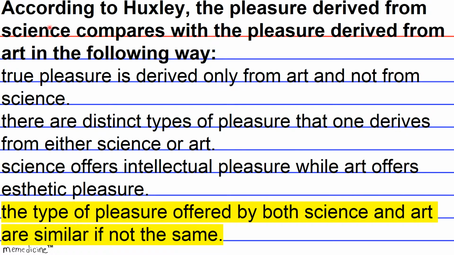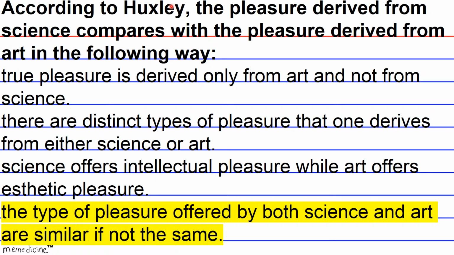This is made by the author in order to recognize an accurate summary of the theme of pleasure derived from art and science, okay? So Huxley believed that while science has the ultimate goal of attaining truth, art has the ultimate goal of serving pleasure.